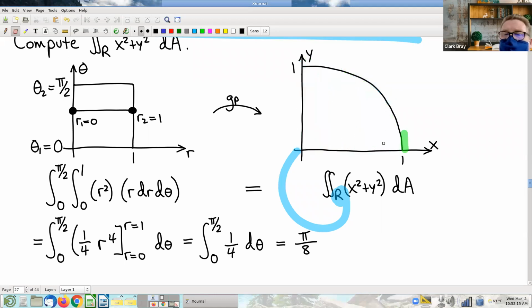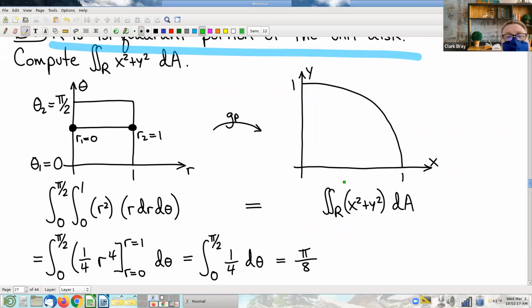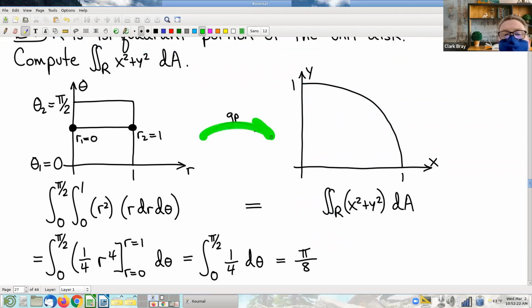Okay, so let's see if we can do a change of variables. I'm going to pull back through the polar coordinates formula, polar coordinates function, and I assert, we'll check that this is true, that the pullback domain is this rectangle here.